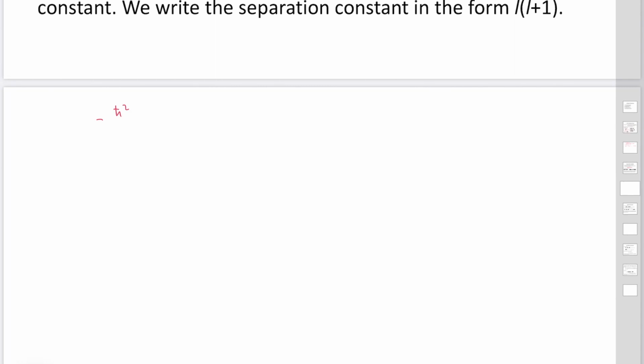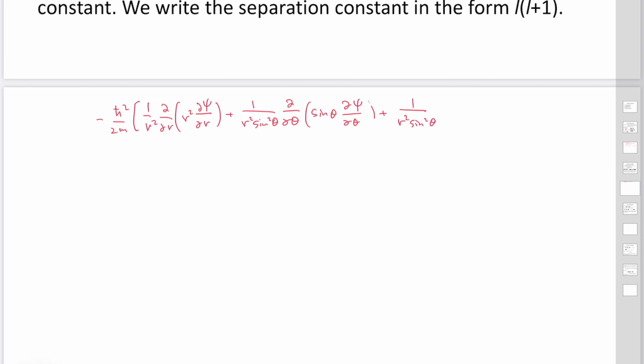Minus h bar squared over 2m, times 1 over r squared partial by partial r of r squared partial psi by partial r, plus 1 over r squared sine theta partial by partial theta of sine theta partial psi by partial theta, plus 1 over r squared sine squared theta second partial derivative with respect to phi of psi, plus U psi equals E psi.